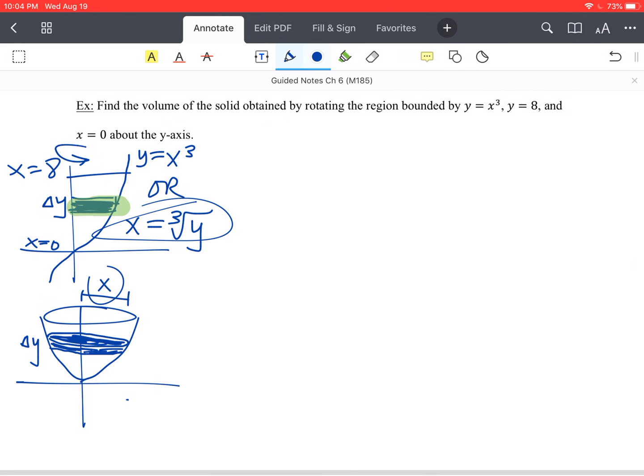Because again, this is circular, because it's being rotated, we have pi r squared, and the radius is x.